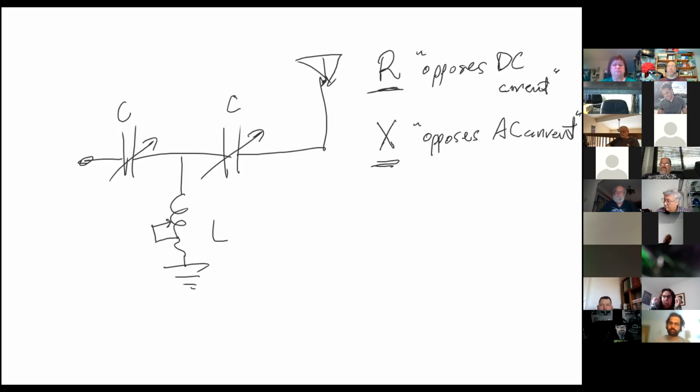Impedance is the opposition to AC current. So in a resistor, because it doesn't make any difference, resistance and impedance are the exact same thing. And in fact, we're going to use the letter Z instead. That's impedance.